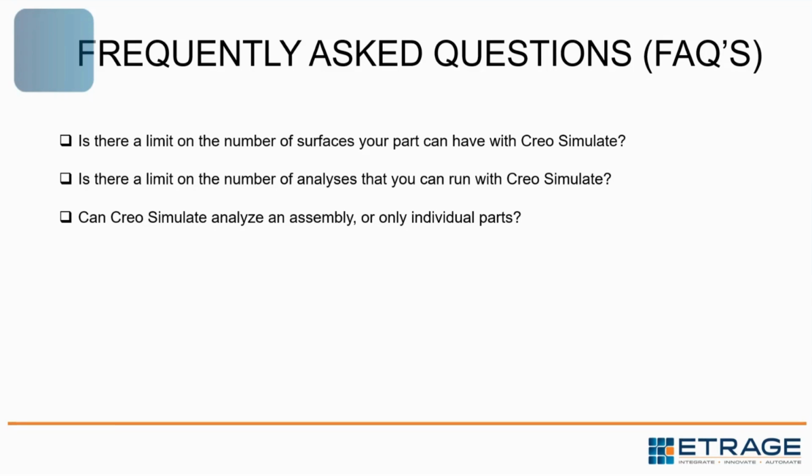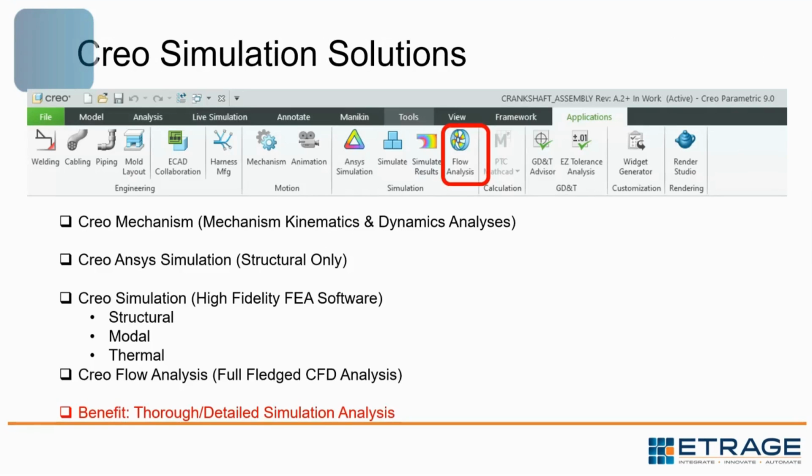Great question. So for that, let me go back to the slides and pull this out. Creo Simulate and Creo Simulation Advanced are essentially twins, or one on top of the other.